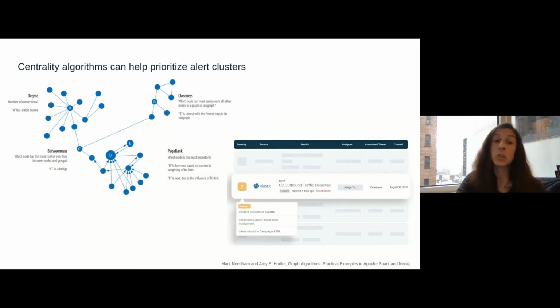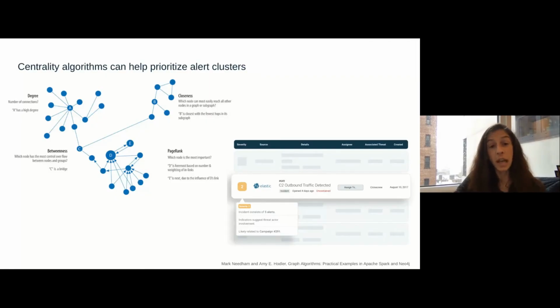We then also use another class of algorithms, centrality algorithms, to help prioritize these alert clusters. Because again, you first do this automated clustering to find the related alerts within the graph, but then it becomes a question of, just because something is a partition subset of the overall graph doesn't necessarily mean that it requires and warrants an investigation.